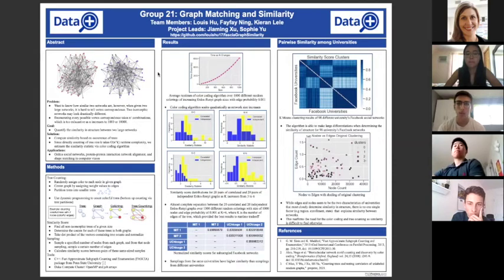What we actually did was we subsampled 6,000 nodes from each of those networks, and then we subsampled 100,000 edges. And we did that twice for each network. And what we expected to see was that the subsamplings for MIT with MIT, and UChicago with UChicago, would have a greater similarity than between the two universities. And again, that's exactly what we saw, which confirms that our algorithm is working correctly.